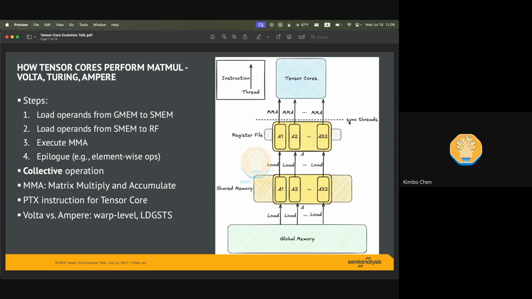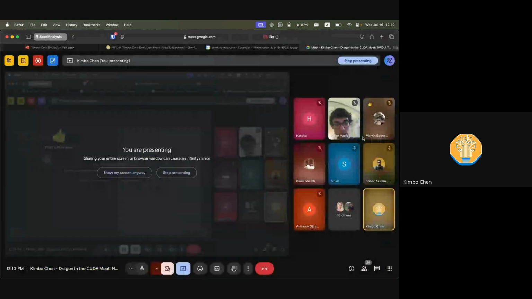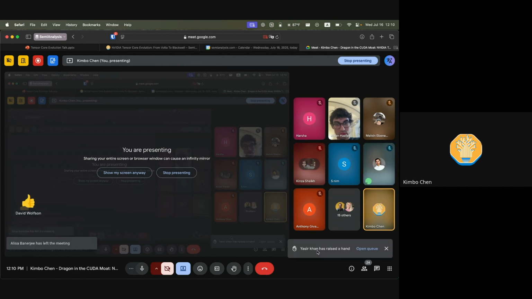Okay, so before we go further, I just want to make sure everyone is following, because this is a very rough overview. Does anyone have any questions? Everyone good? Okay. Someone is, how do I pronounce your name?